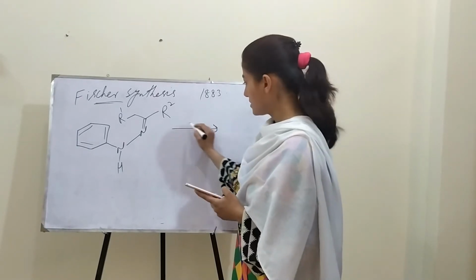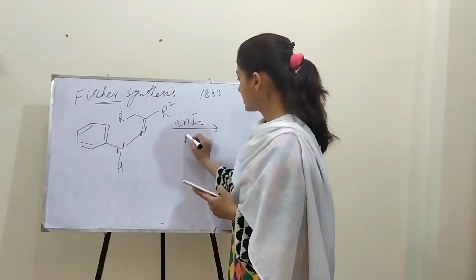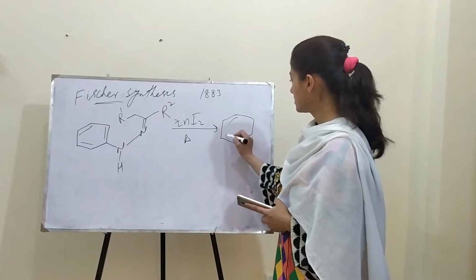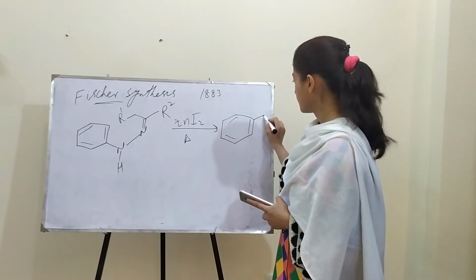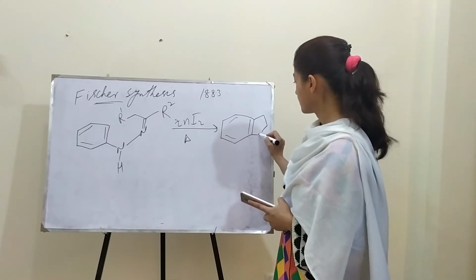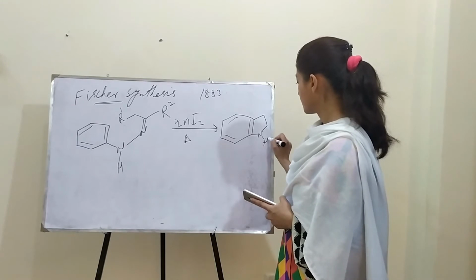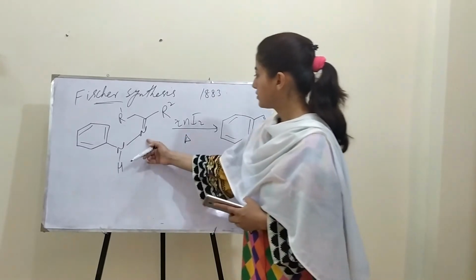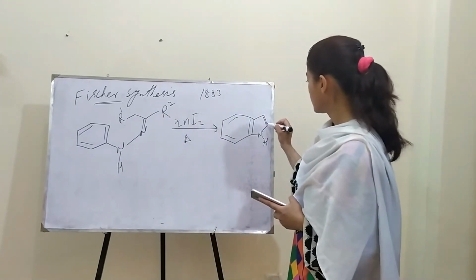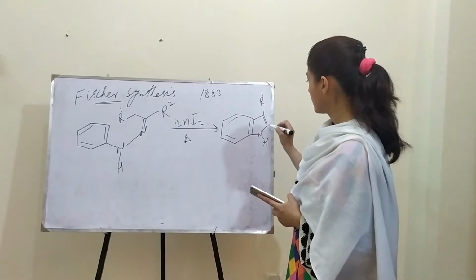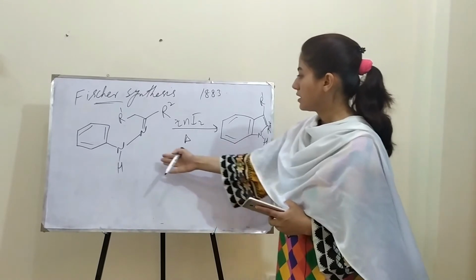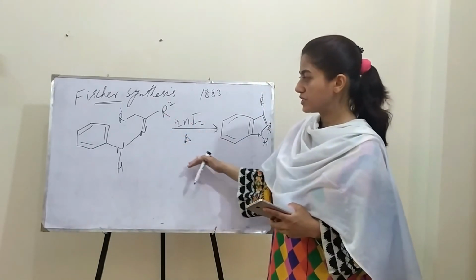So under the presence of zinc iodide and heating condition, it gets converted into substituted indoles. And as you know that just beside the nitrogen there are 2 substituents. So here it is R1 and here it is R2. So via this route, this is called as Fischer synthesis.